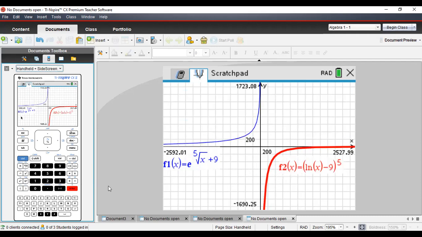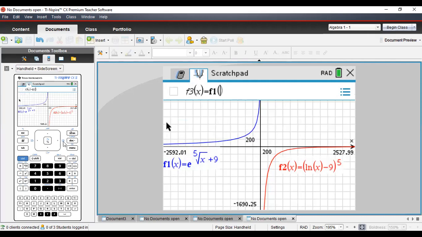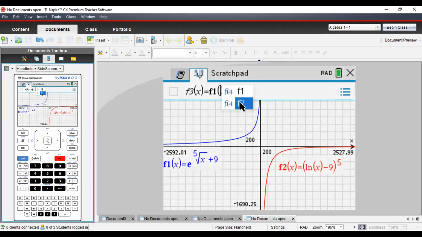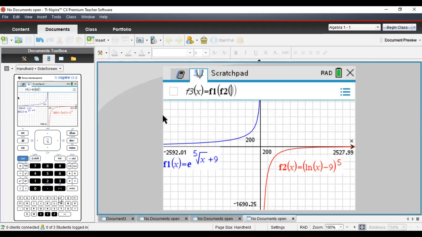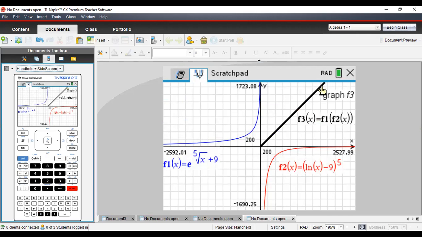But to check it, all we're going to do is tab again, and take the original function, and put as an input the inverse function. And if they are inverses, we should see the y equals x line.